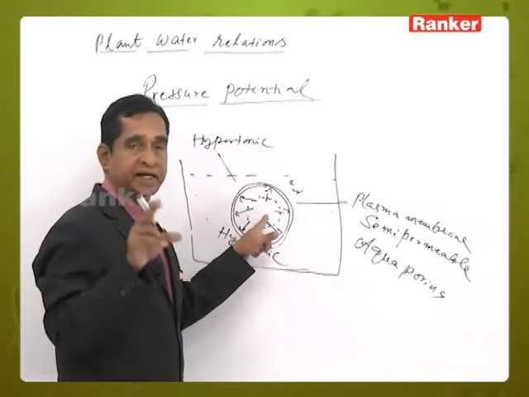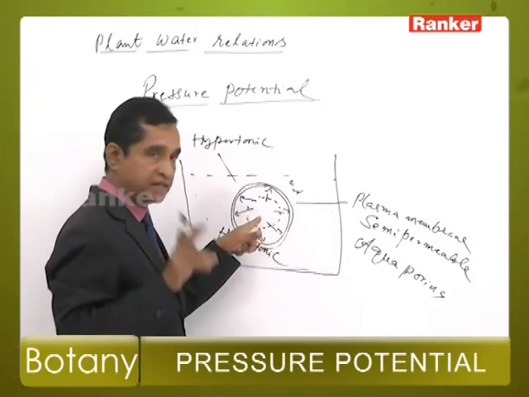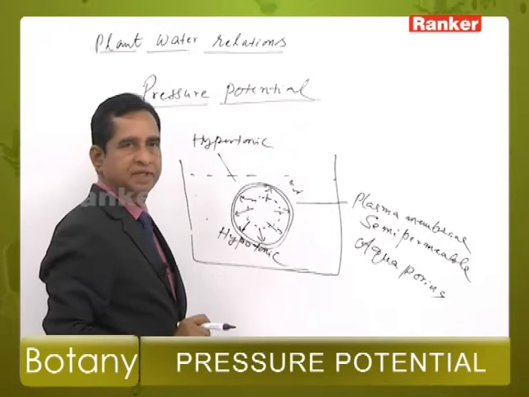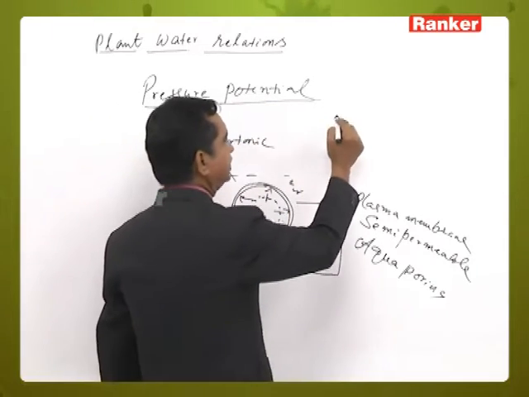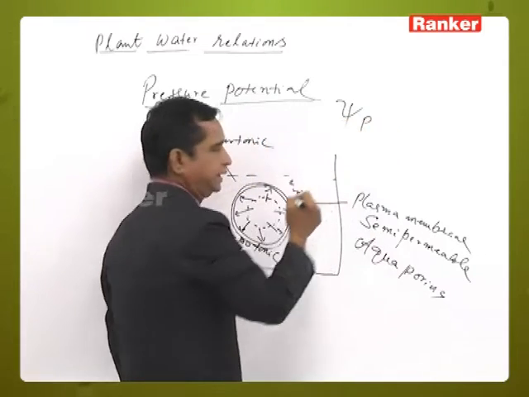This pressure created by the solution present inside the cell is called pressure potential. This pressure potential is denoted by psi p.